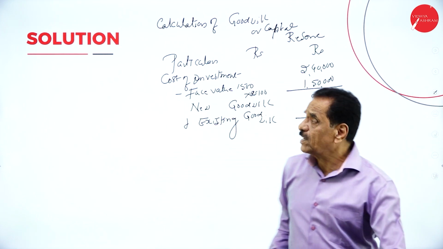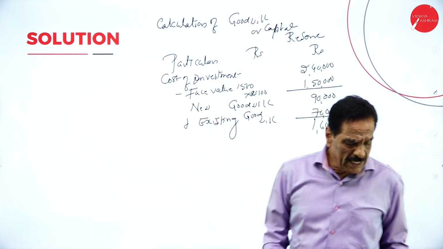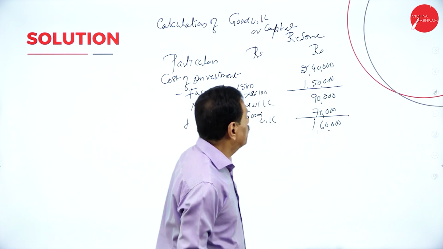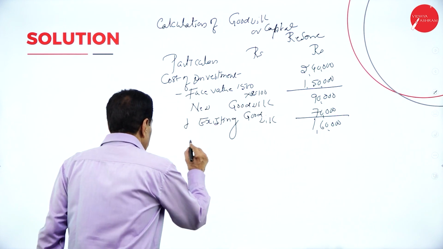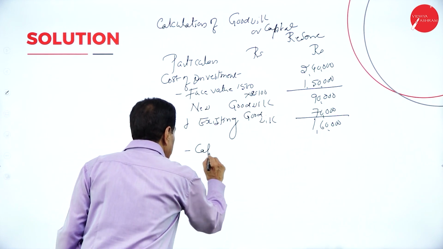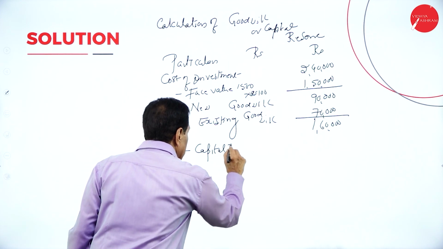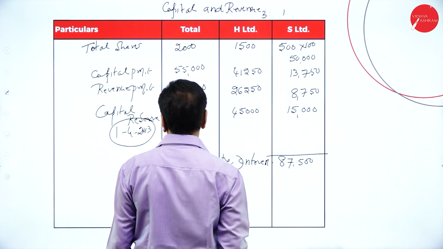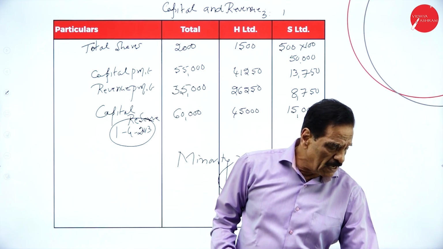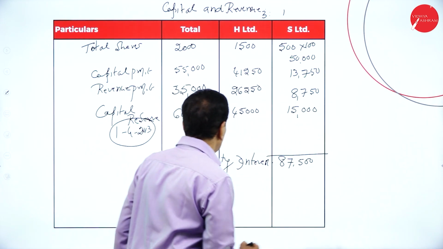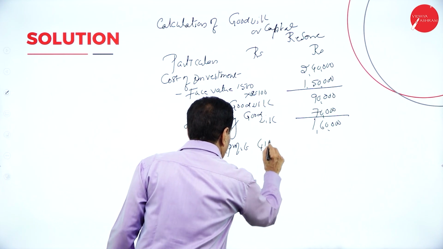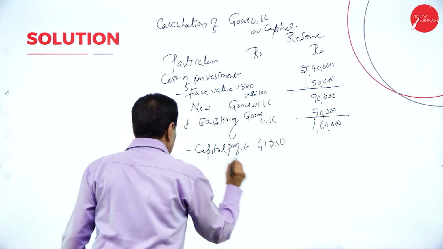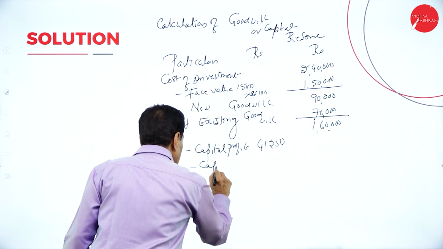This is as per the calculation method. So 1,60,000 is there now. Then minus capital profit. If we see how much capital profit is there, your capital profit is 41,250.